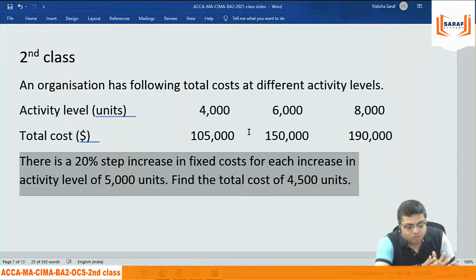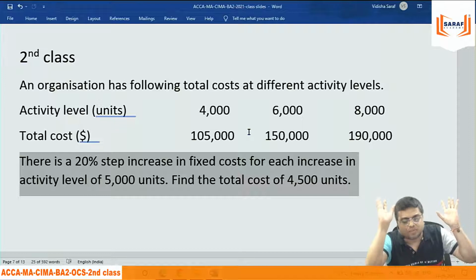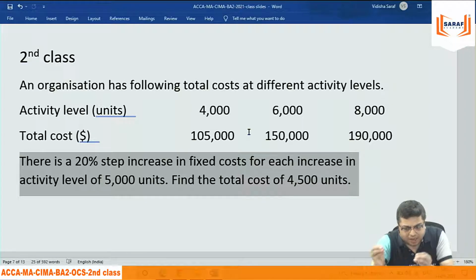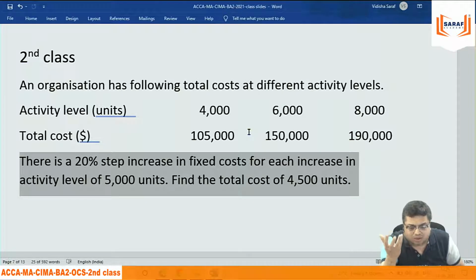This is a formula written in all the materials of the world, whether you open Kaplan, BPP, Indian course, anywhere. At 2 different levels when the costs are given, the difference in the cost divided by the difference in the units is treated as variable cost per unit. Why? Because in 1,05,000 there is a fixed portion and a variable portion, in 1,50,000 a fixed portion and a variable portion, but at both levels the fixed cost is same, because fixed is fixed.